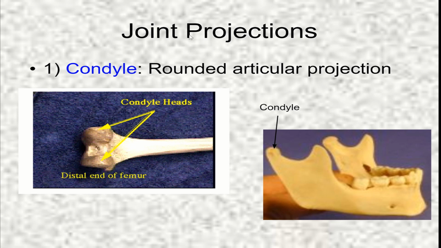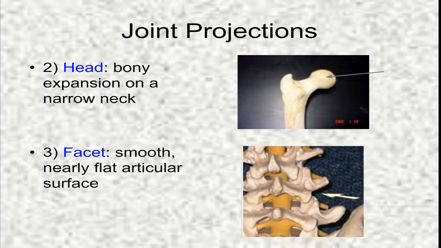So this is the category, joint projections, and we're going to start with a condyle, and this is a rounded articular projection. So you can see here we have that round section of the femur at the bottom. Then we have heads. Heads have a rounded projection with a stem coming off of them, and we call that a neck. So this is what separates it from a condyle, is that it has this neck and then this ball shape.